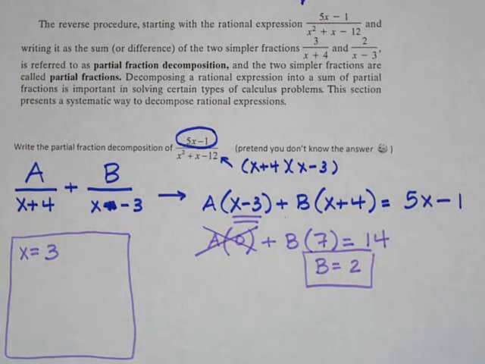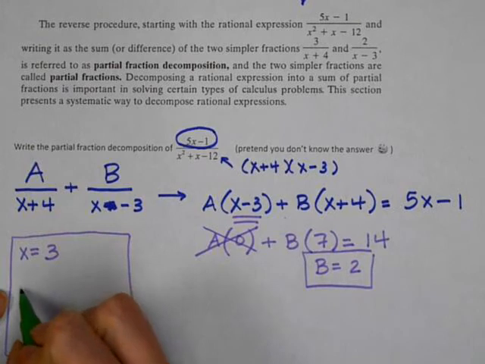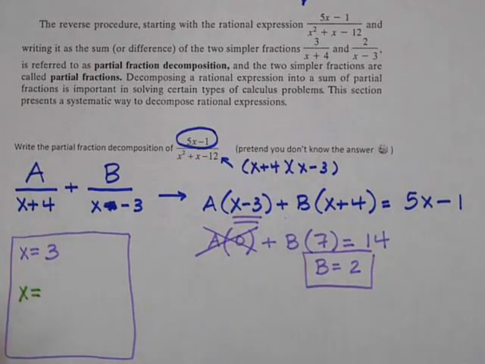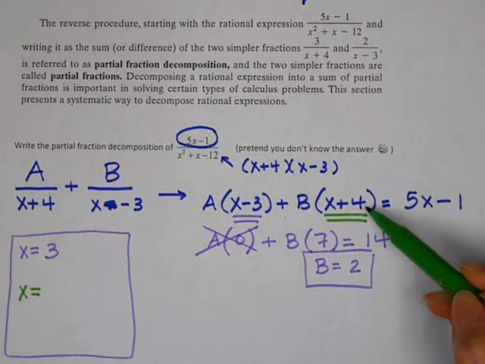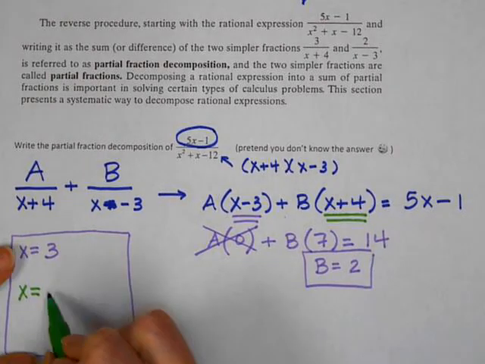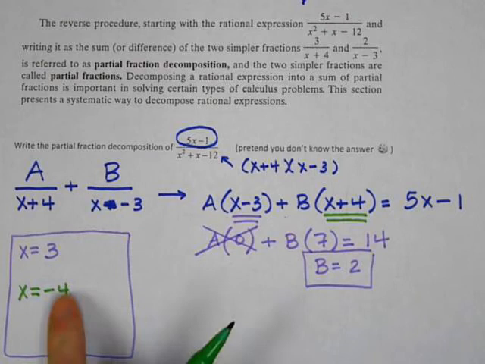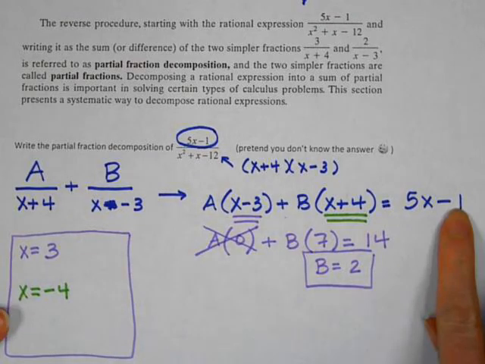All right, now we have to solve for A. So to solve for A, I'm going to plug in a different value for x. This time I'm going to plug in the one that would make this 0, so that would be negative 4. And then I'm going to plug in negative 4 for all the x's.